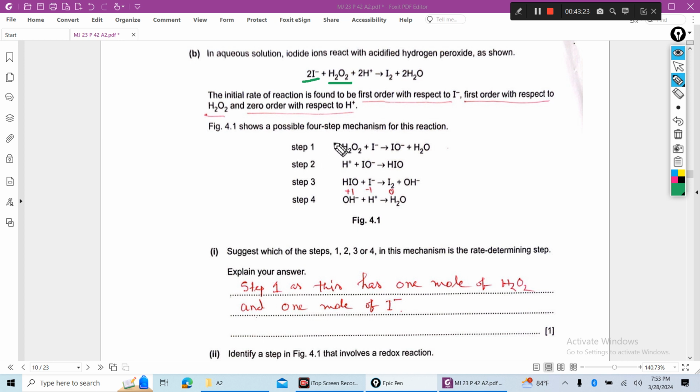So step 1 will be the rate determining step, because this has 1 mole of H2O2, because for H2O2 the order is 1, and 1 mole of iodide ion, because this is given first order with respect to iodide ion and first order with respect to hydrogen peroxide. So step 1 is the rate determining step, because 1 mole of H2O2 and 1 mole of I minus are involved in this step.